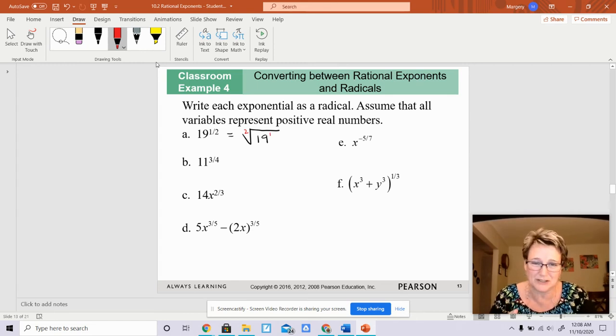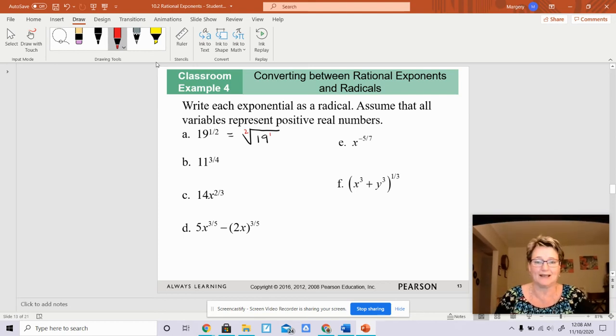We don't normally put a 2 where the square root is, but I did it today just to make sure that you guys could see it. So in reality, it's just the square root of 19. Now on this one here, it is the 4th root of 11 cubed. Can't simplify that. It's just whatever that is.